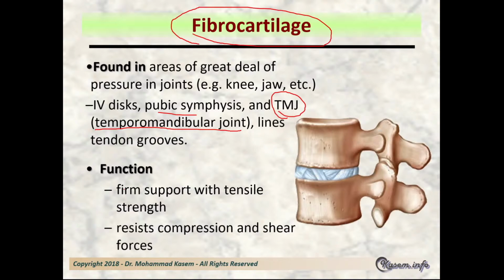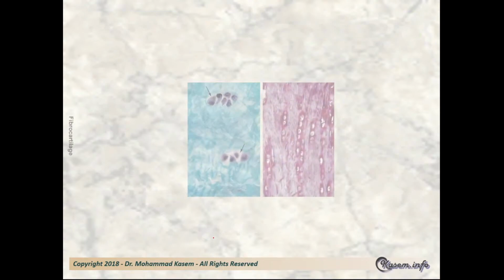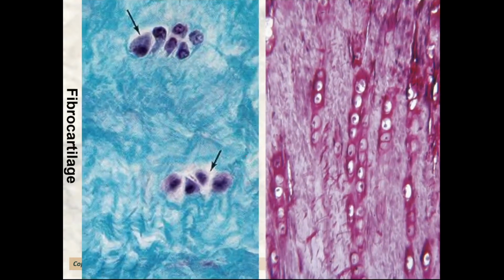Function of fibrocartilage: it provides firm support and tensile strength and resists compression and shear forces. Look at this slide also. Let's see the magnification of the previous one, the small chondrocytes here, and large amount of collagen type 1 fibers here.